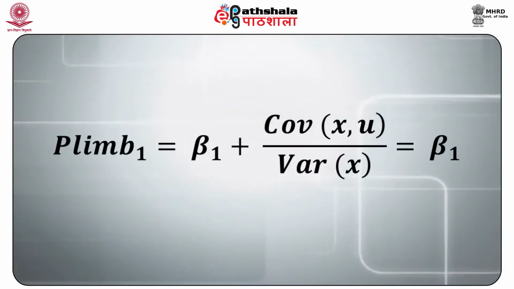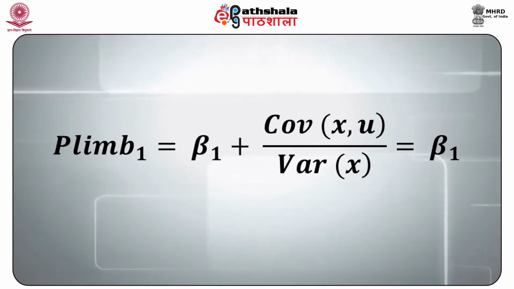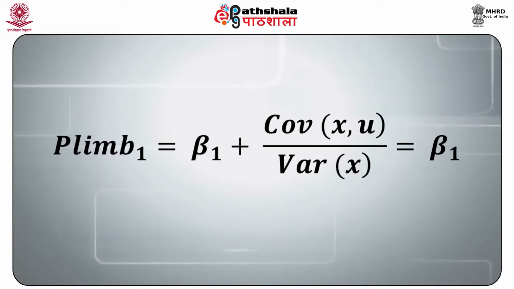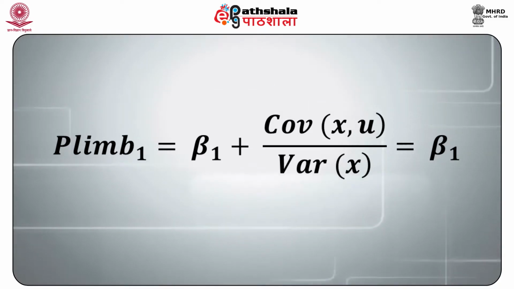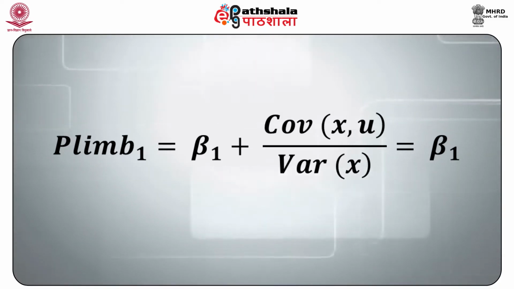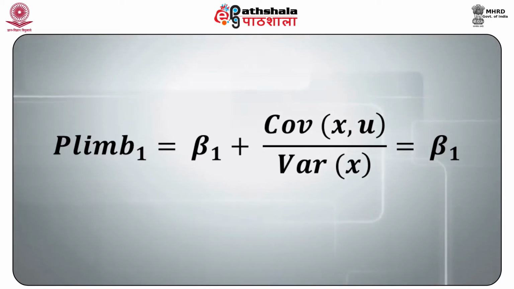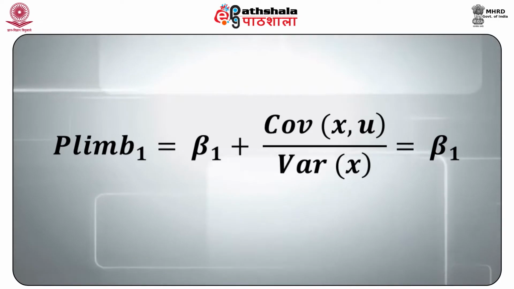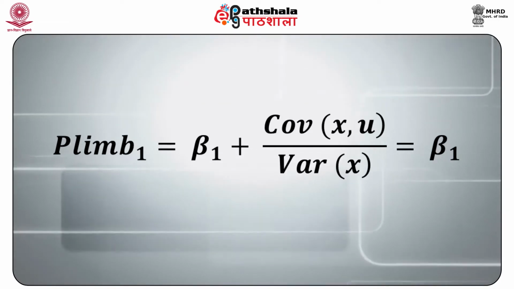According to the law of large numbers, under general conditions, the sample moments converge to their corresponding population moments. Therefore the probability limit of b1 is equal to beta 1 plus covariance between x and mu, and in the denominator we have variance of x. So the probability limit of b1 is equal to beta 1 plus covariance of x and mu upon variance of x.